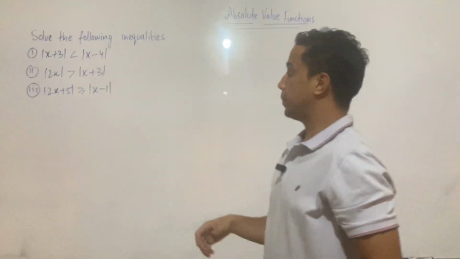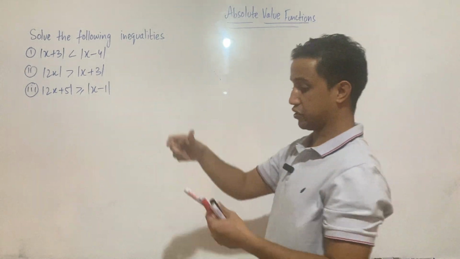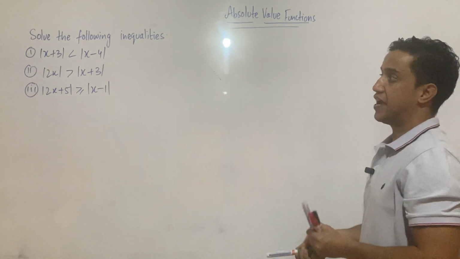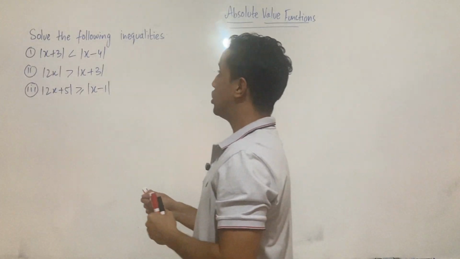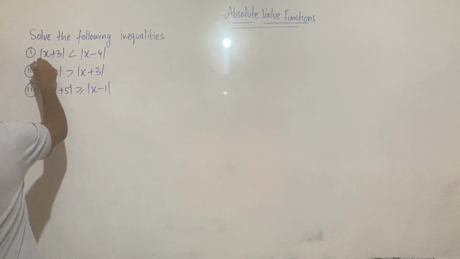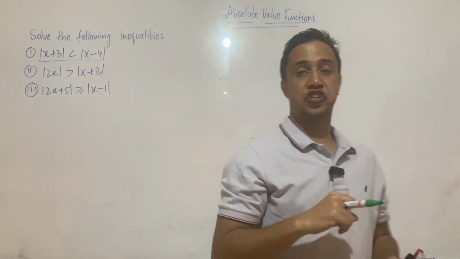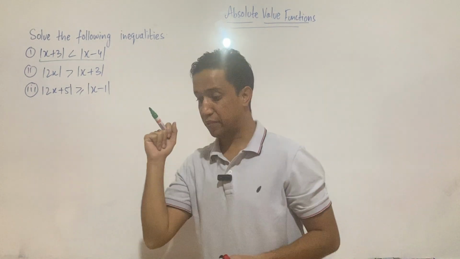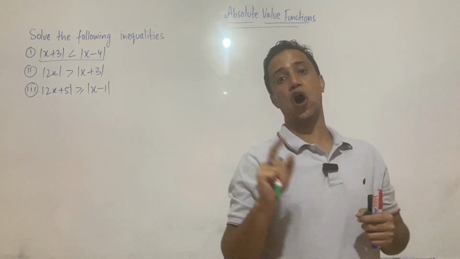Question number one given to us is: absolute function x plus 3 is less than absolute function x minus 4. We have to sketch the graph, and we have to represent the region that this inequality denotes on the graph.